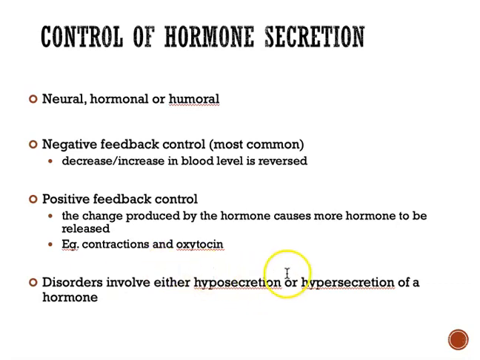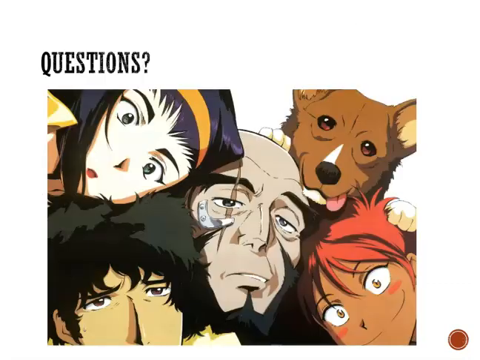And this is the most generic thing I could ever say to you, but a hormone disorder is either caused by too much of it being secreted, hypersecretion, or too little of it being secreted, hyposecretion, one or the other. Again, we won't get into too many disorders. We'll get into a few toward the very end, but you'll see that it's one of these two things that causes some physiological problems to occur.